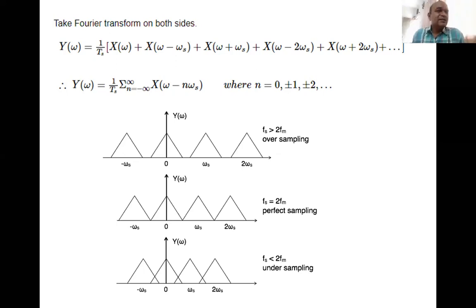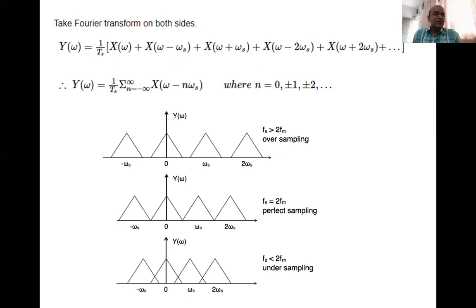Then the signal will look like this, and if fs is less than twice fm, then you can find the undersampled signal. The undersampled signals overlap with each other, and due to that overlap the aliasing effect will be generated.